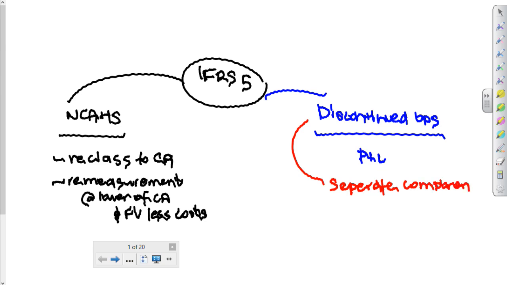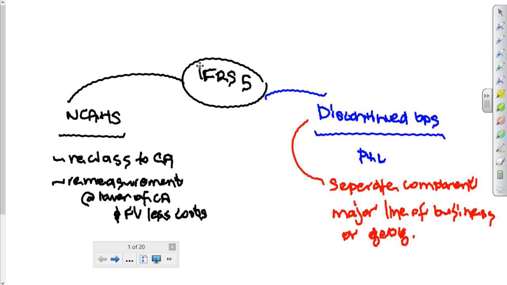It talks about the fact that it needed to have been a major line of business or geographical component. So this discontinued operation needed to have been a major component of the business, and it needed to have been a major line of business or geographic component.